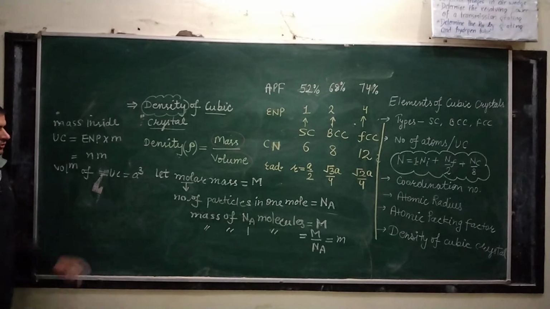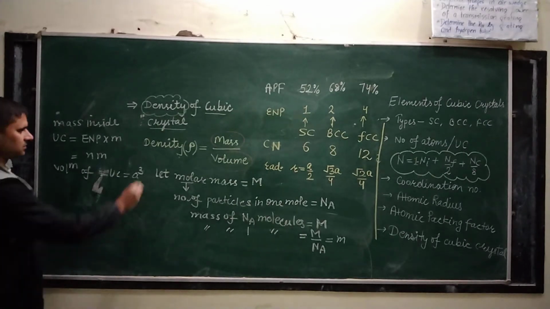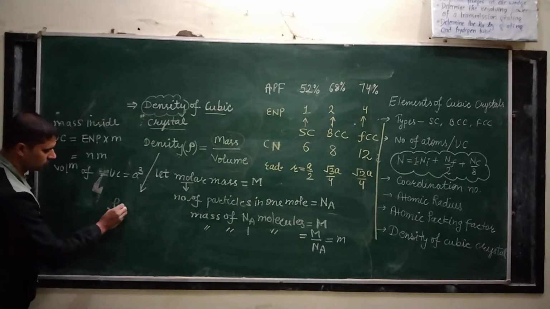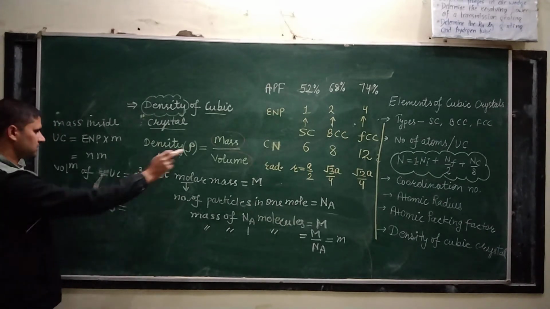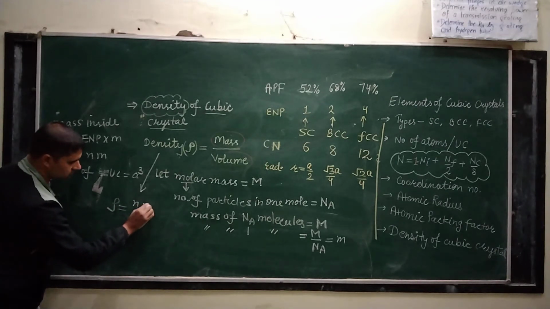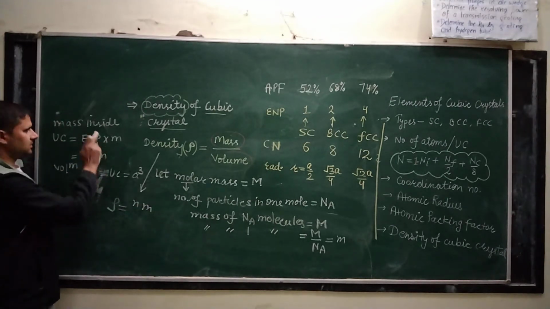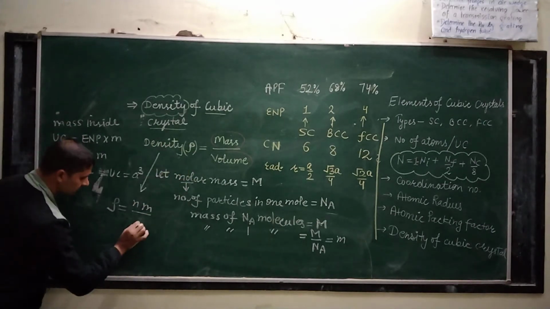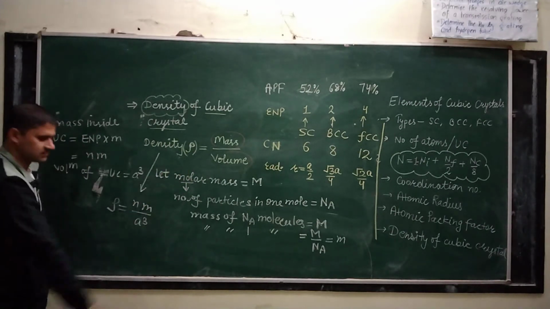Okay class, so what will be the density? From here you will see the density, that is rho, will be equal to the mass, that is n into small m, mass inside the unit cell, divided by the volume, that is A cube in this case.